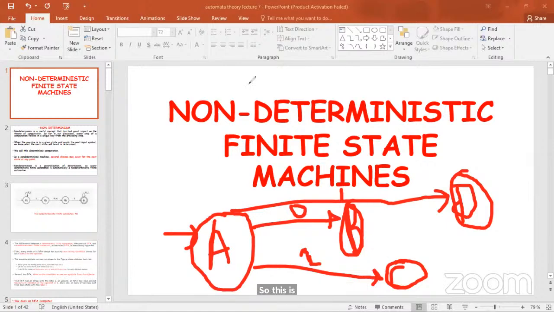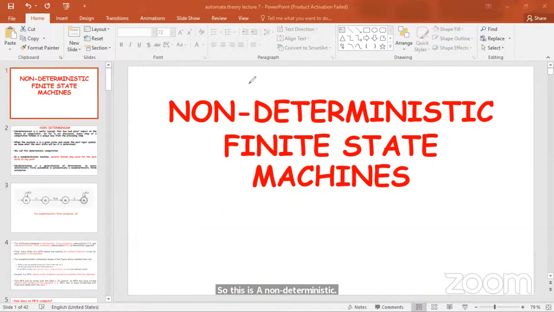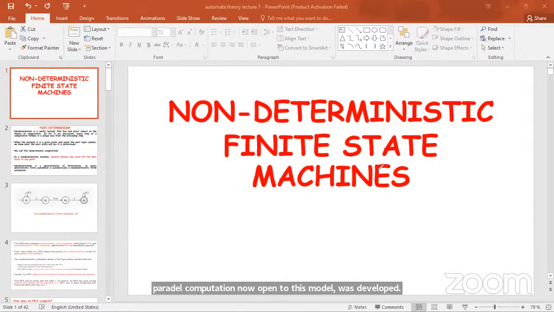Generally, it looks confusing, but they are a good computer model for parallel computation. Now, up until this model was developed, I think some years back, maybe 99 or 2000, you could not open two applications on the system.